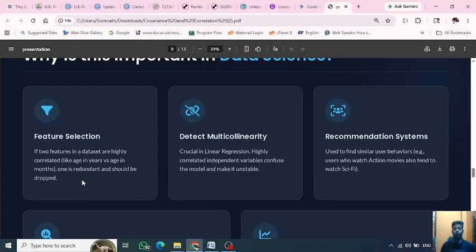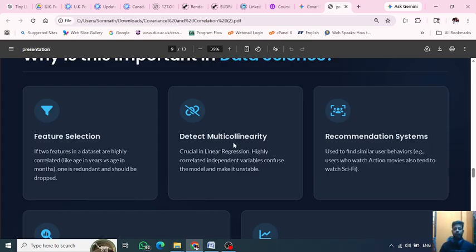So you have to find out which variables actually affect the price of the house, like room size, location, number of rooms, and many more. So you need to identify which are the key variables that affect the price of the home. So this is very helpful for that.